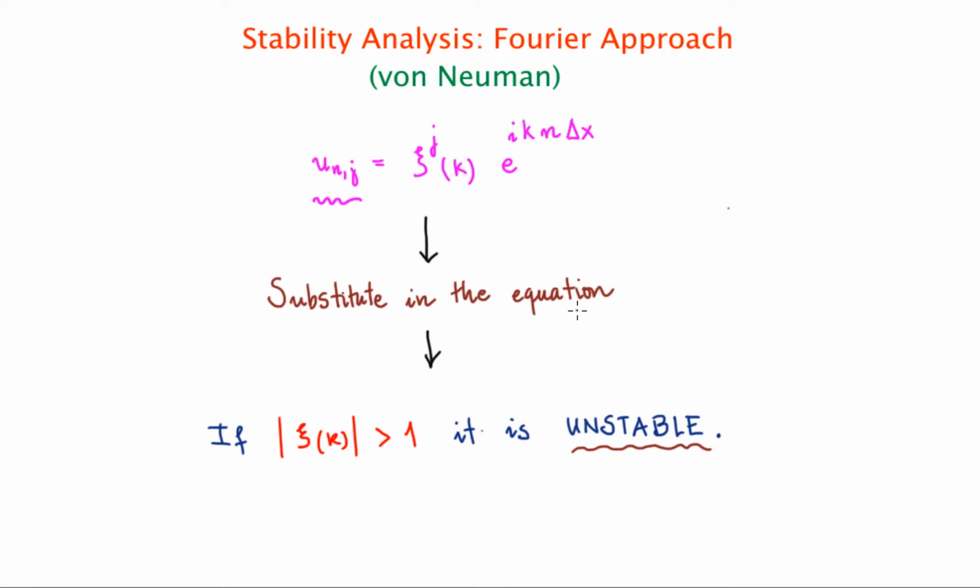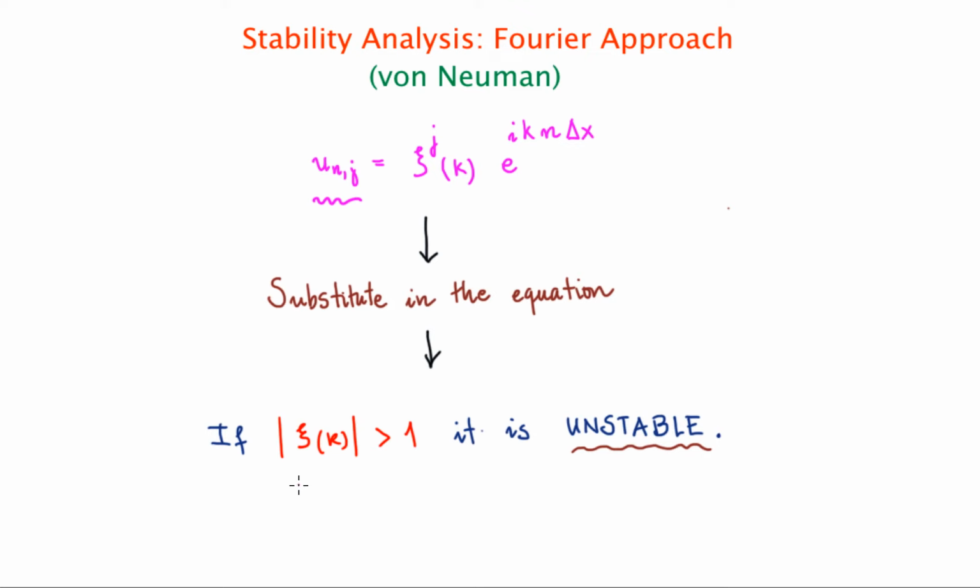We're going to substitute that in the finite difference representation, and then we'll see what's the result for the eta function. If we see that the modulus of the eta function is bigger than 1 for any k parameter, then for increasing the j index, for increasing time, the solution will become bigger and bigger, so that the method itself will become unstable.